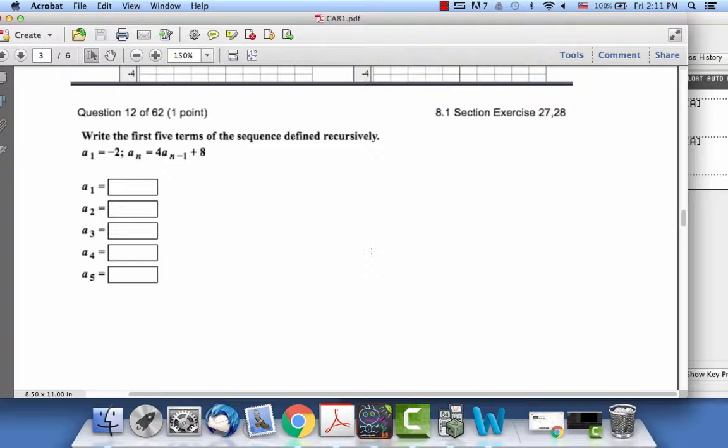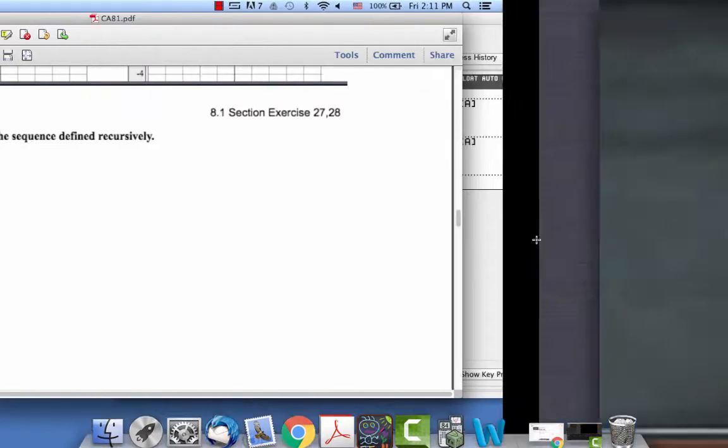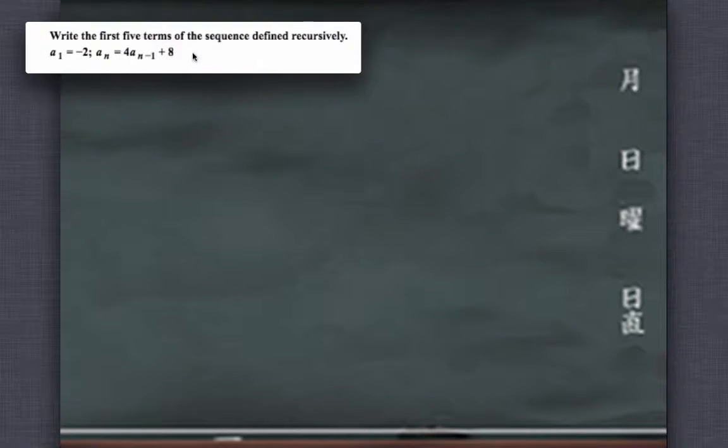Okay, this one is defined recursively. We want the first 5 terms. The first one is given. So minus 2, that's the first one. Then a sub 2 is 4 times a sub 2 minus 1 plus 8.